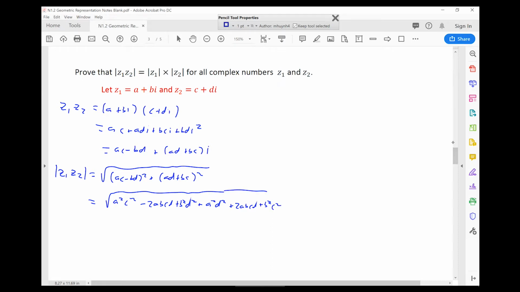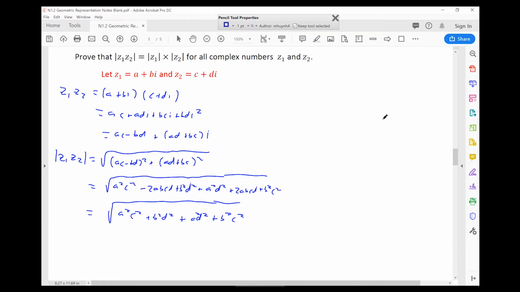As you can see, the minus 2abcd and the plus 2abcd cancel out, which is nice. So if you get stuck here, just move on to the right-hand side and start mucking around with it. But since I know what we need to prove, I'm just going to end up factorizing this part into two pairs.